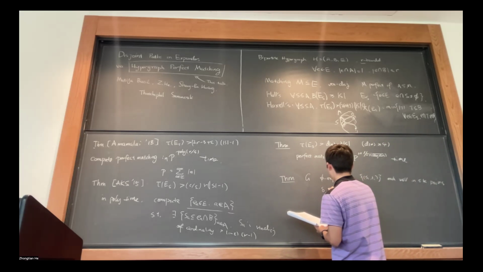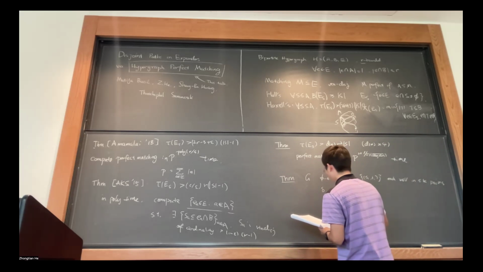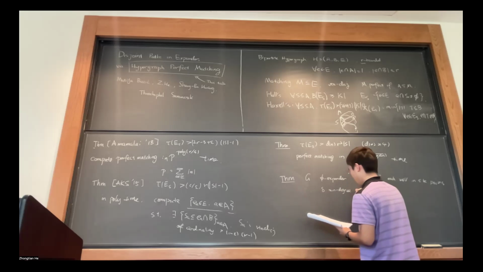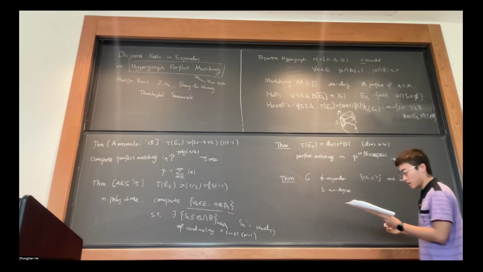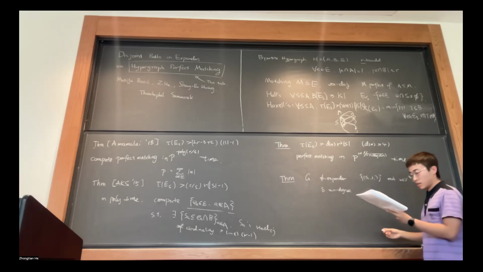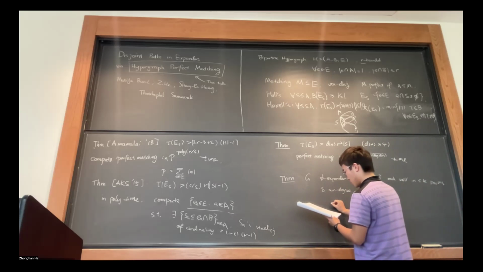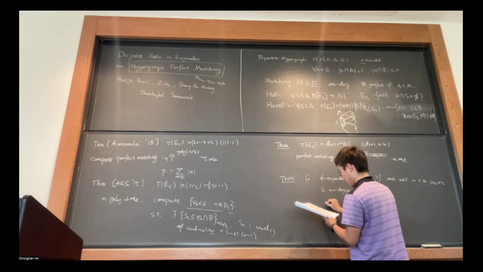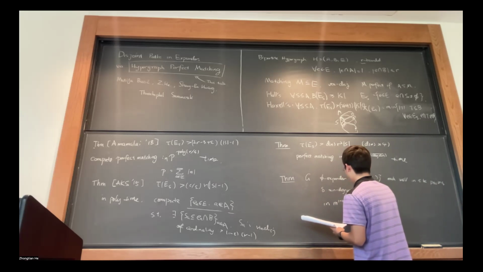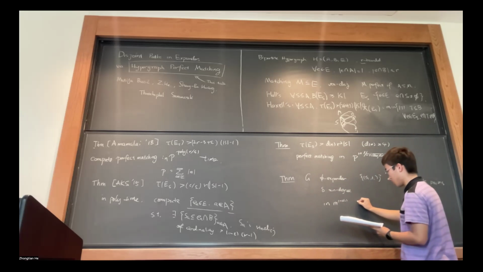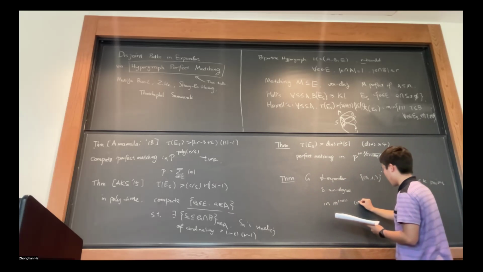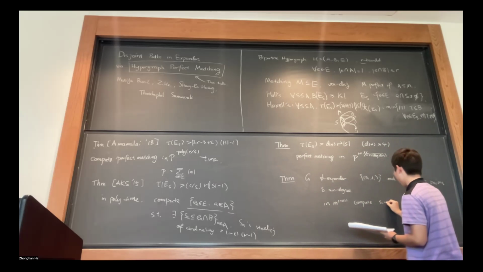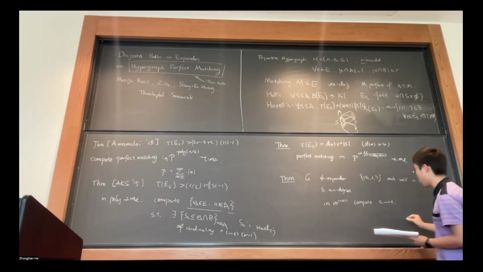So if delta, then you can do, so in almost linear time, you can compute a set of disjoint paths from s_i to t_i.